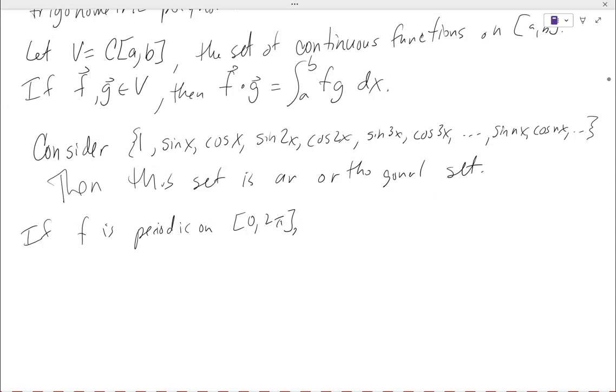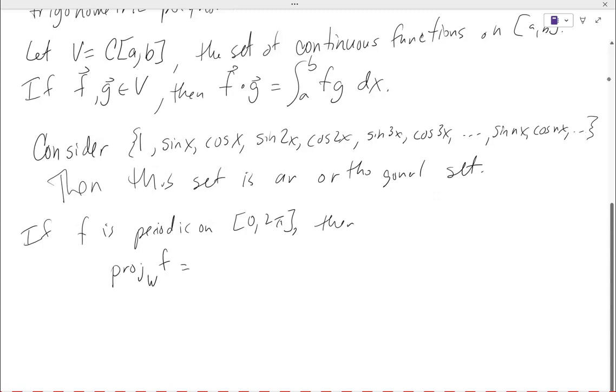If we have a function that's periodic on the interval from 0 to 2 pi, and we want to approximate it with a trig polynomial, then we need to compute the projection of f onto the space W. And W is just the space that's generated by all these trig functions that I gave you. Okay? We'll have to compute that projection.